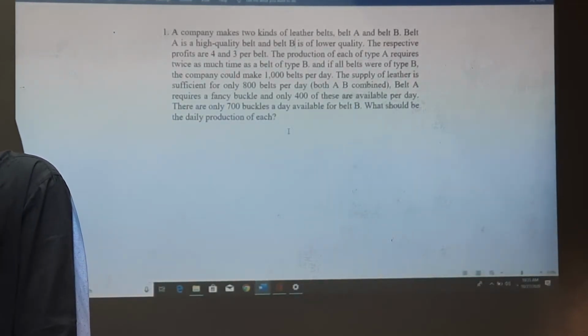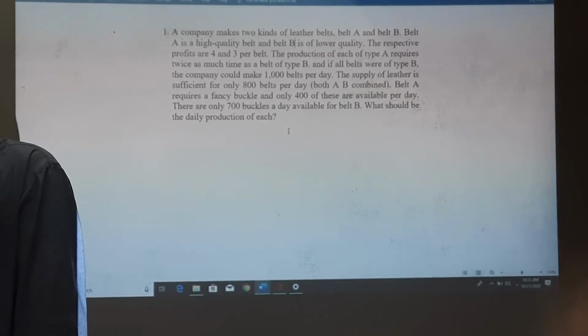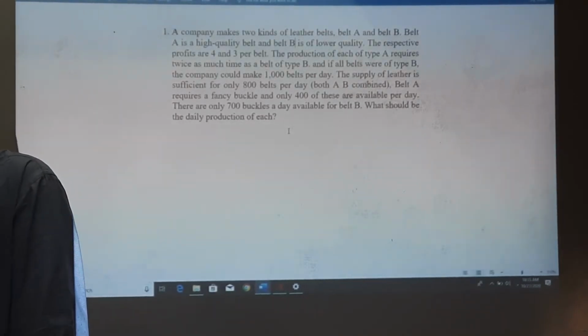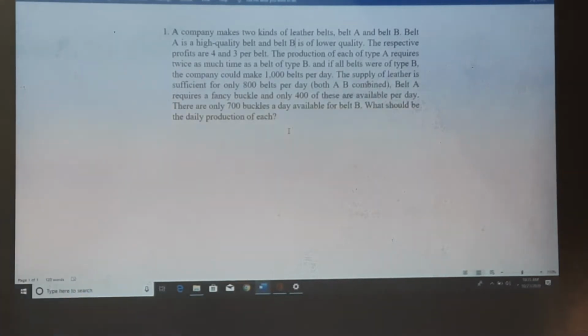The supply of leather is sufficient for only 800 belts per day, both A and B combined. Belt A requires a fancy buckle and only 400 of these are available per day. There are only 700 buckles a day available for belt B, and what should be the daily production of each?